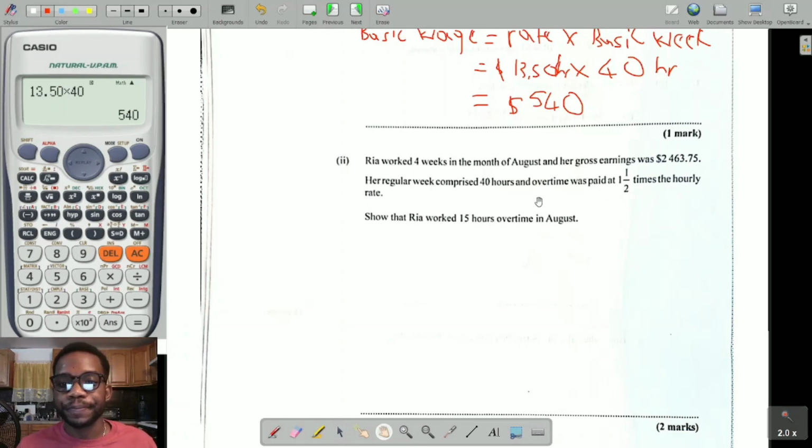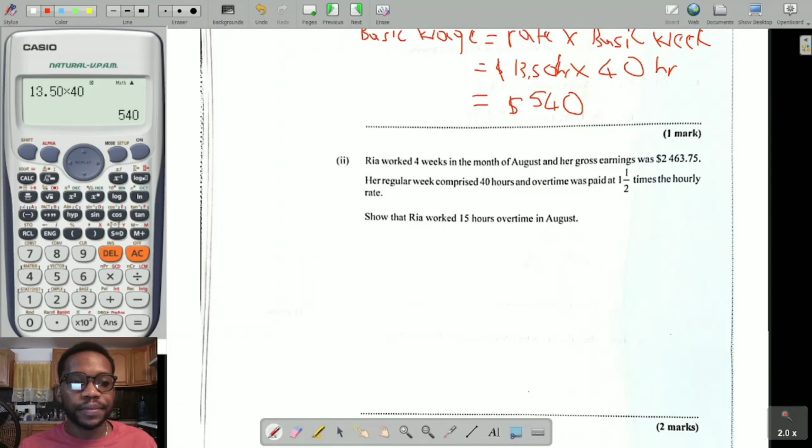Alright, good. If Ria is working 4 weeks in the month of August, now of course the $540 that we have there is for 1 week, and that is her basic time. Her basic hours would be 40 hours per week. So what we need to do is find out how much she would normally work if she doesn't work overtime. Let us start with that for the 4 weeks.